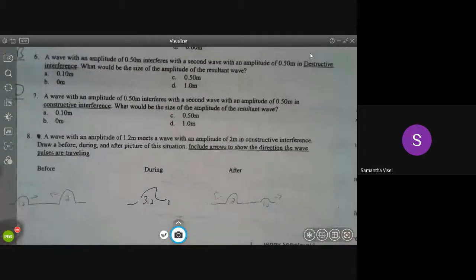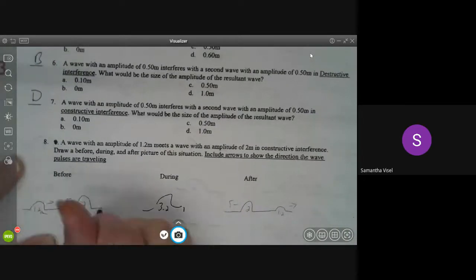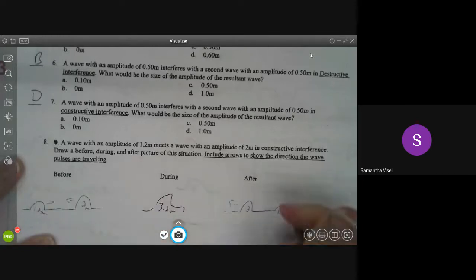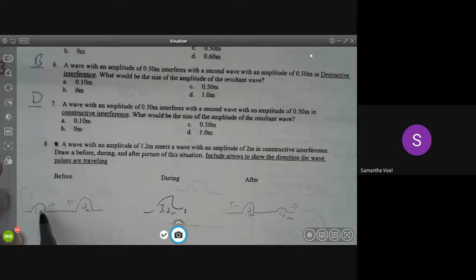All right, so for our drawings here, and ideally, let me fix this up right now, so we don't want to be forgetting those units here. But we have a wave with an amplitude of 1.2 meters meets with a wave with an amplitude of 2 in constructive interference. So if you have the 2 on this side and the 1.2 on that side, that's fine.